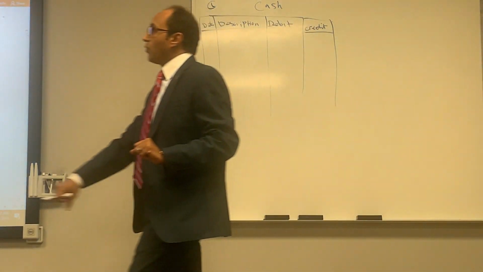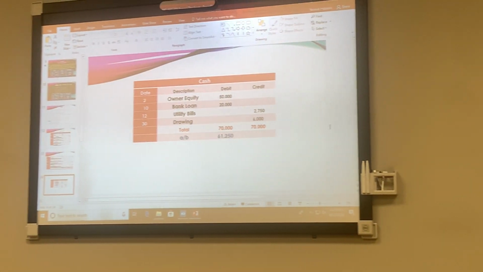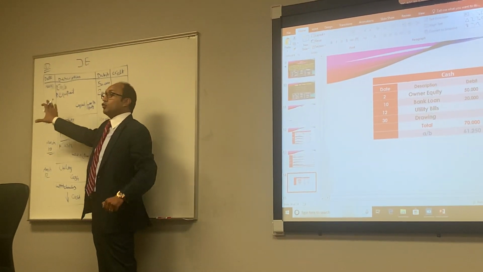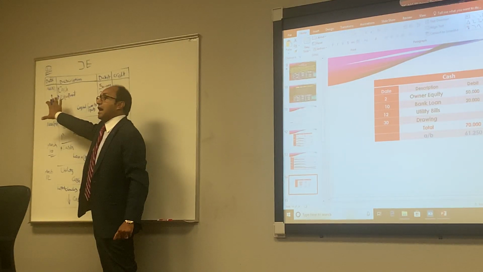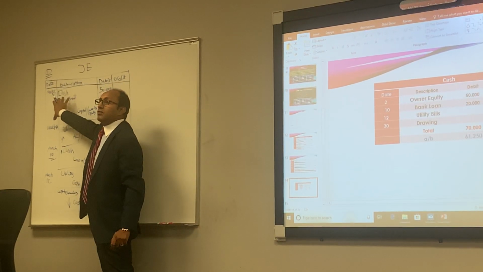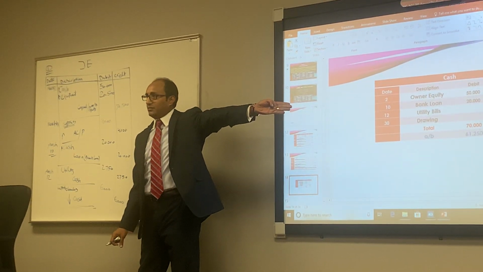So for the transaction, or the account, cash, that's why I drew the table for the cash. So I have to convert each account here from the journal entries to the general ledger account.